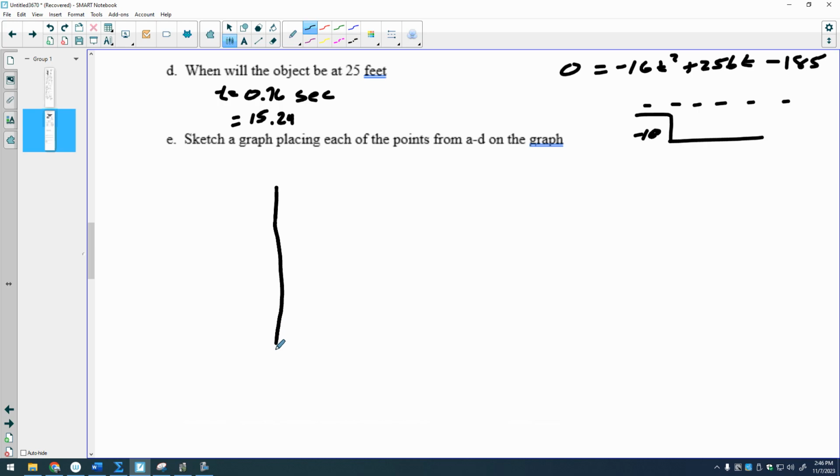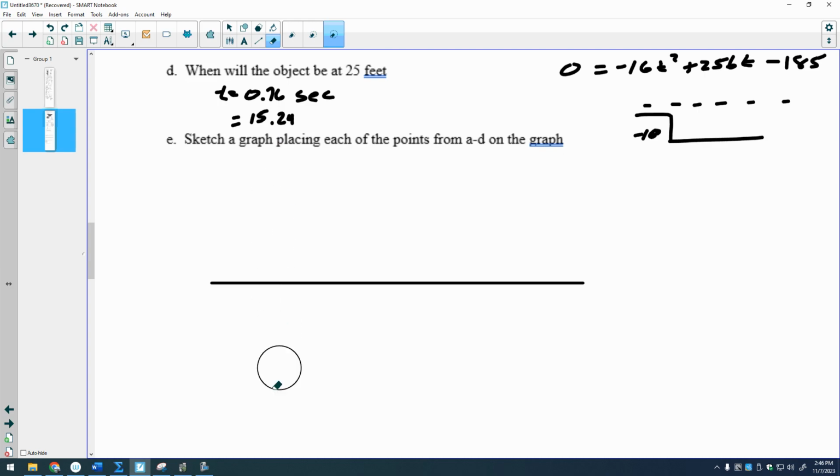Placing all of the key points on my graph. Let's actually make one that is kind of straight. Sorry, got a cough. All right, so I'm going to count by hundreds. 1, 2, 3, 4, 5, 6, 7, 8, 9, and then down below 1, 2.